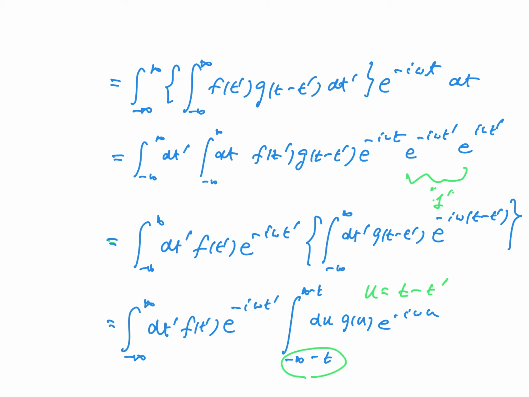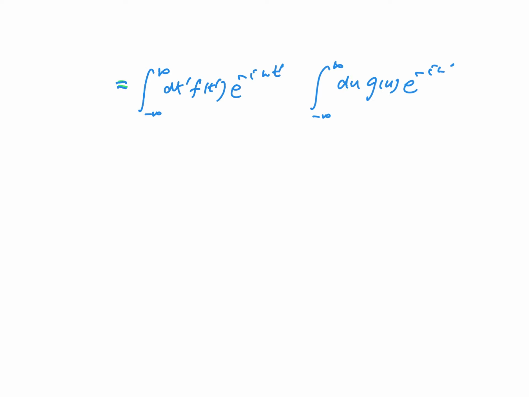However, if you add something to infinity, it is still infinity. So it becomes the previous result: the integral of f(t') exponential minus i omega t' times the integral from minus infinity to infinity of g(u) exponential minus i omega u.